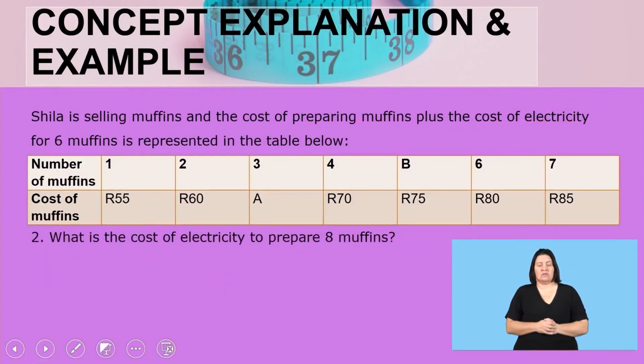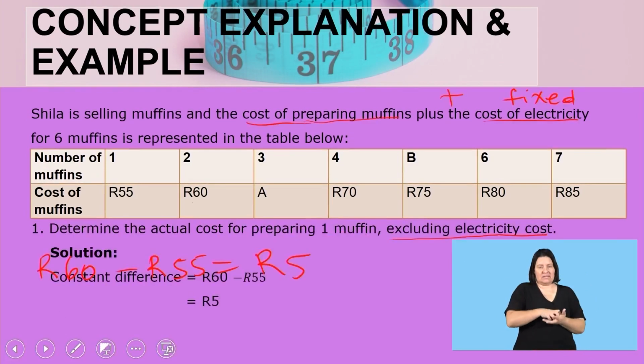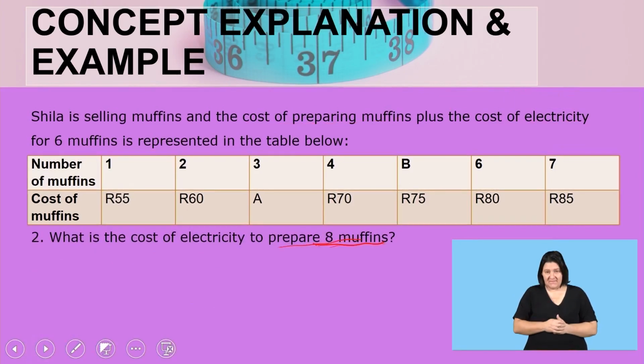Now the next question: Sheila is selling muffins, and the cost of preparing muffins plus the cost of electricity for 6 muffins is represented once more in this table. What is the cost of electricity to prepare 8 muffins? Now we want to know the cost of electricity. Take note that in the previous calculation, we calculated the cost of 1 muffin and found that it is 5 rand.